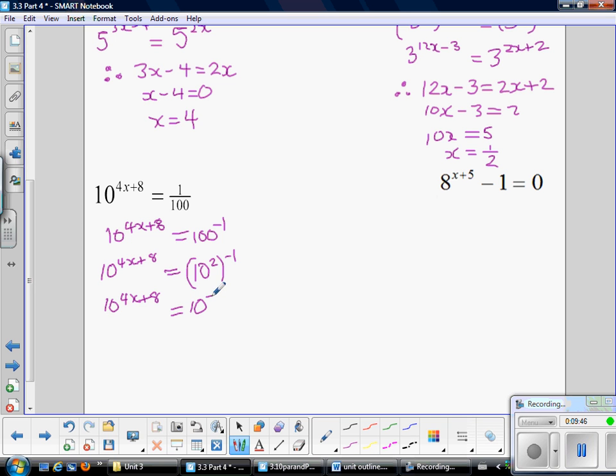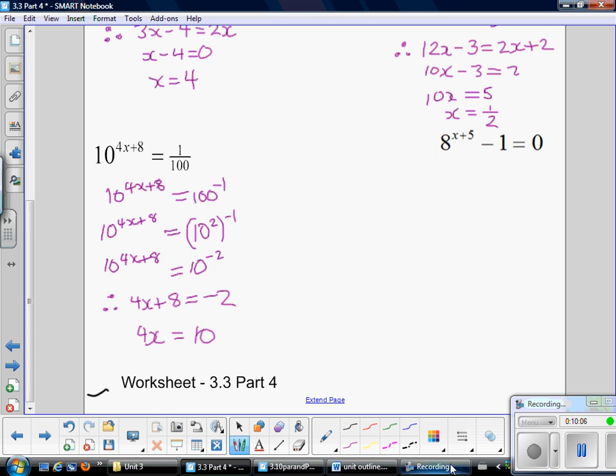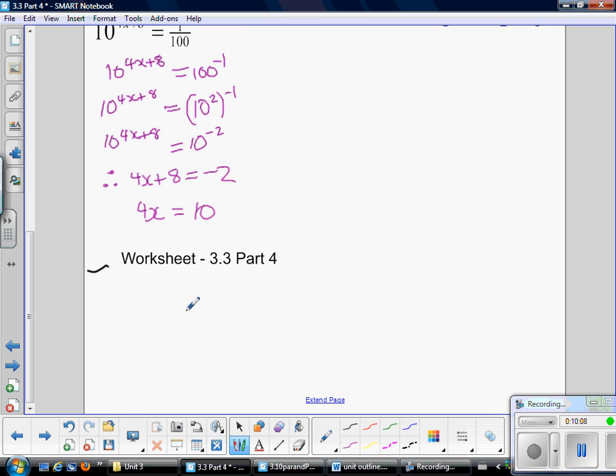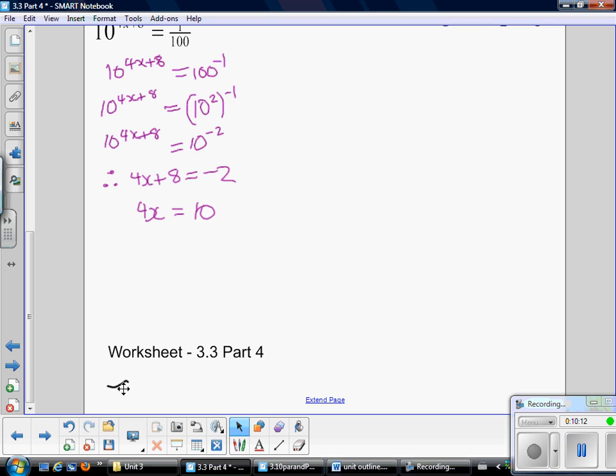And now my bases are the same. Therefore, the 4x plus 8 equals negative 2. Again, solving for x, we're going to subtract 8 from both sides. We end up with 4x equals negative 10.